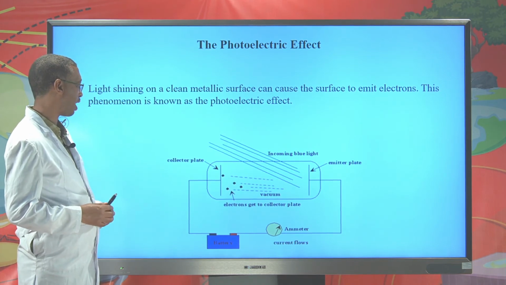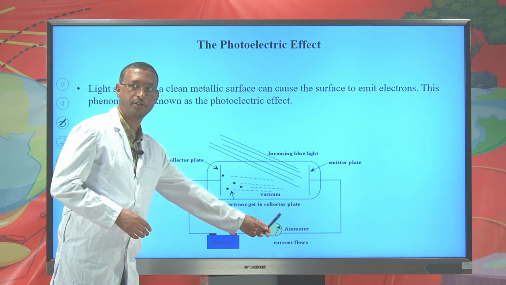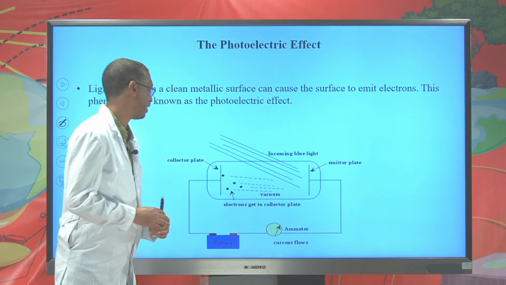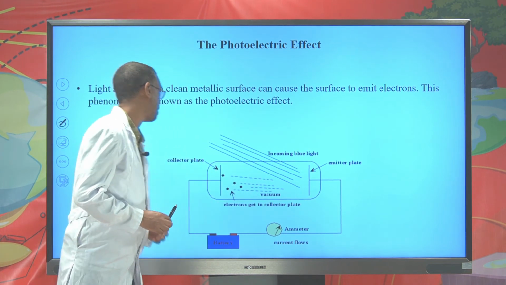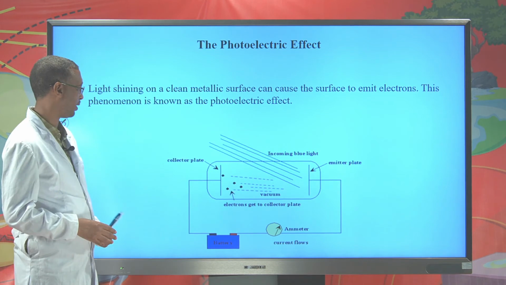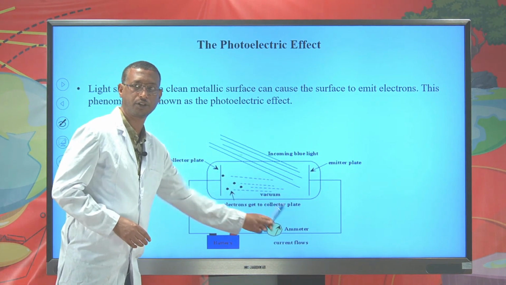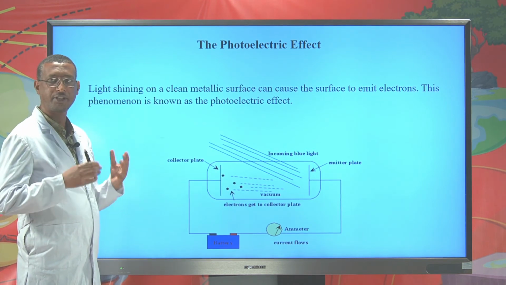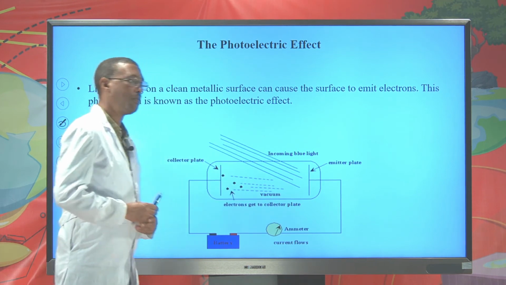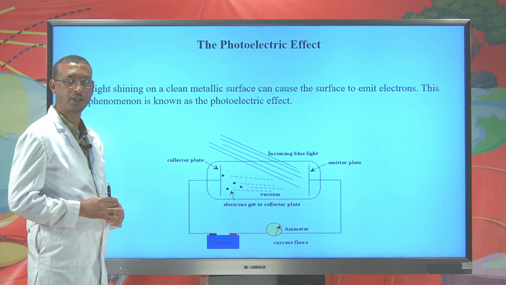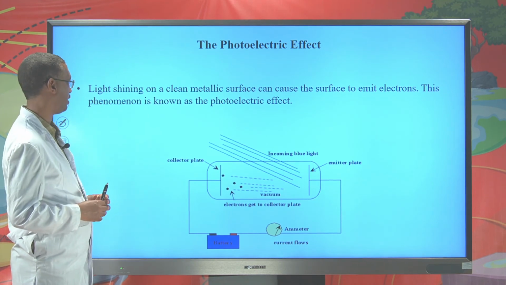So this current can be detected here using the ammeter. Here we have the ammeter. So when there is a flow of electron from the emitter plate to the collector plate, the ammeter will deflect. That means there is a current. There is a current means there is a movement of electron from the emitter plate towards the collector plate. Okay. So this is known as the photoelectric effect.